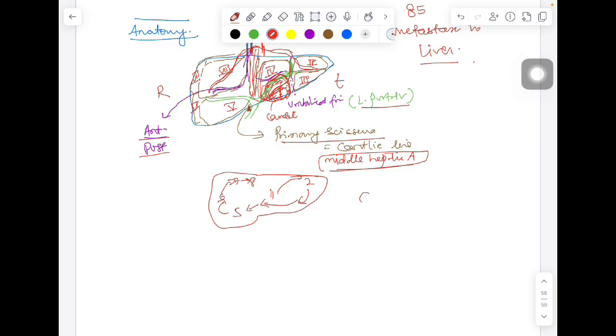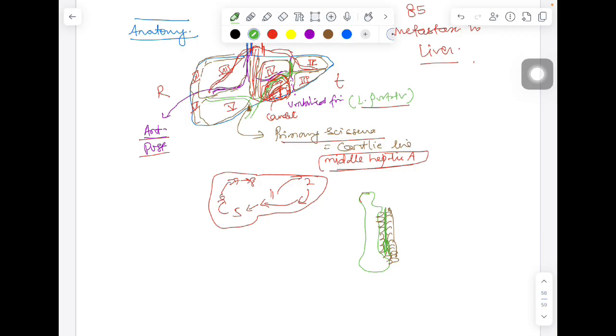So there is one good diagram. I will just make it slightly; it will take some time to clear it, and I think it's important. So if we look at cells, this is the cell line. So here is the biliary part.